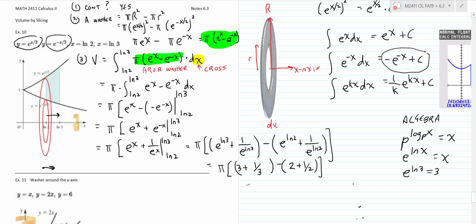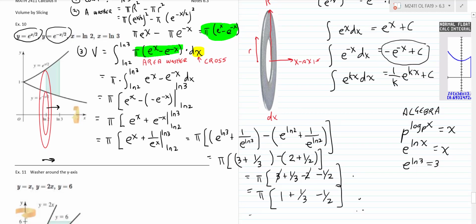So what we'd have then is pi times 3 plus a third minus 2 minus a half, like that. That gives 3 minus 2 is 1. So I have 1 plus a third minus a half, which you can do on your calculator if you want to.